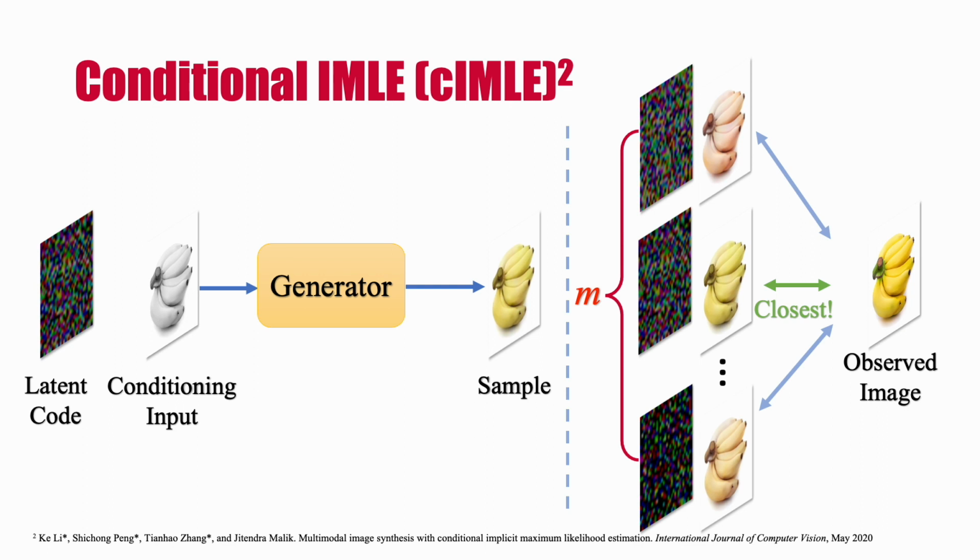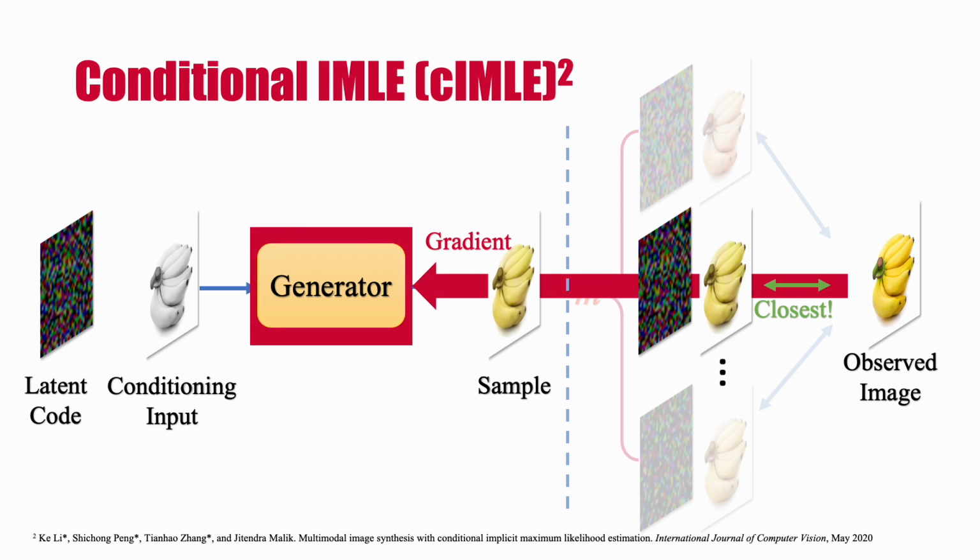To get around this, we observe that the gradient only depends on the closest sample for each observed image. Taking advantage of this, we propose a hierarchical sampling algorithm called Conditional Hierarchical IMLE, or CHIMLE, to efficiently search for a good sample as if it was selected from a large pool of samples.